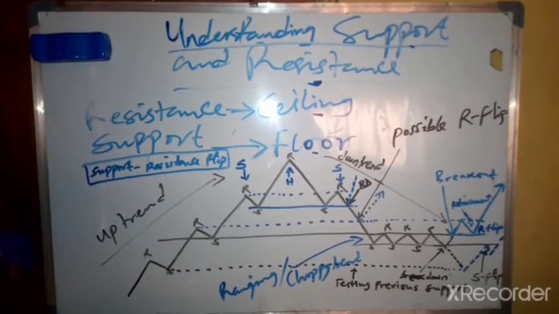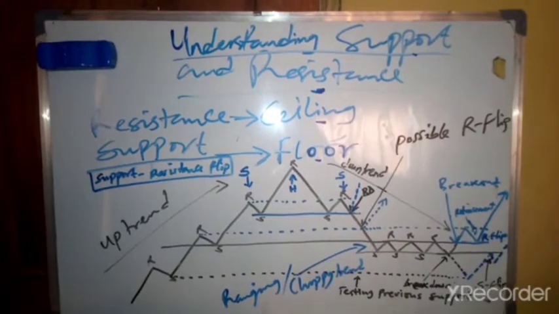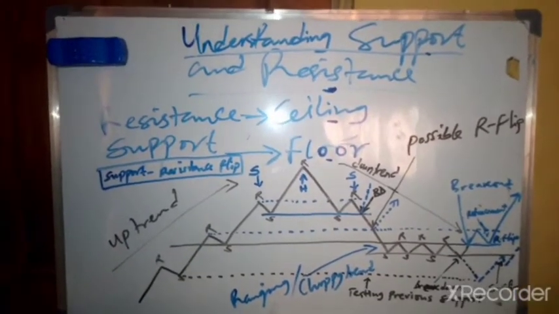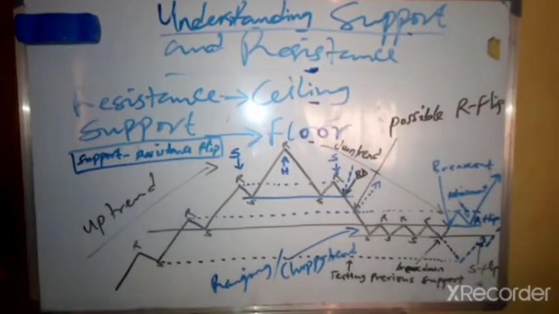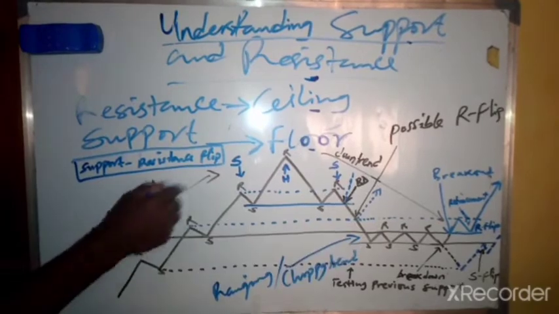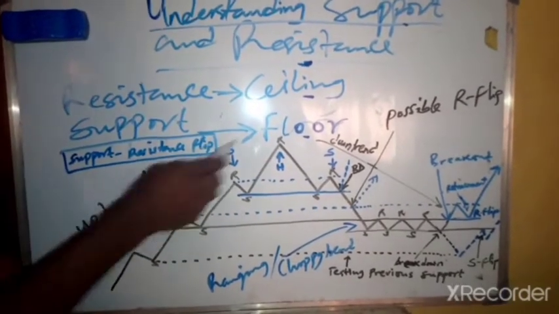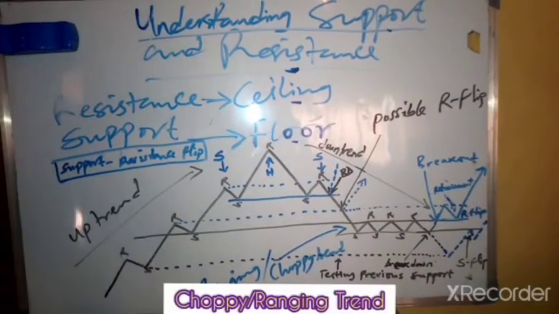Before we go further, you need to understand how prices move. So when the price of an asset is moving, it goes in an uptrend direction, which is what is stated here, a downtrend direction, or we can talk about a choppy or a ranging market.